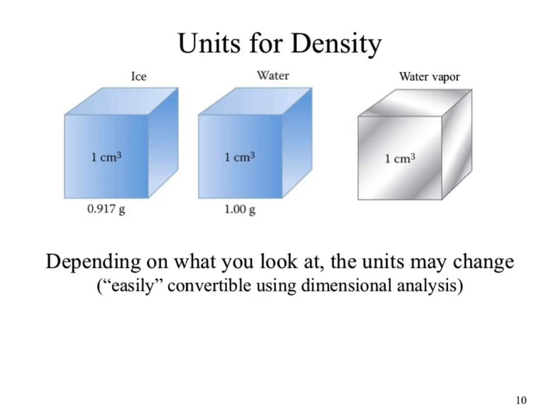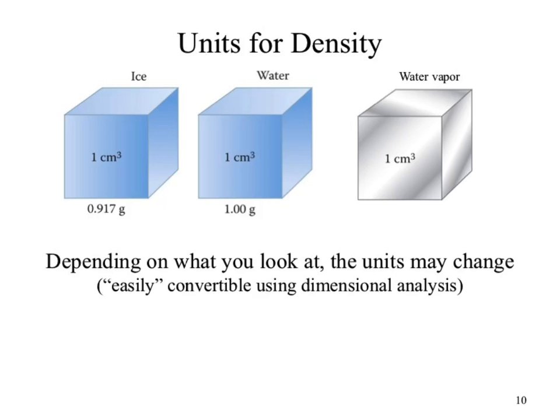When we look at water vapor, or the gas phase, would we expect to still use grams per centimeter cubed? Why not? We can measure it. Why would we not use grams? Too big a measurement? The mass of gas is higher than the mass of ice or water?